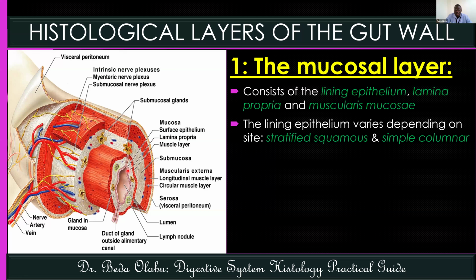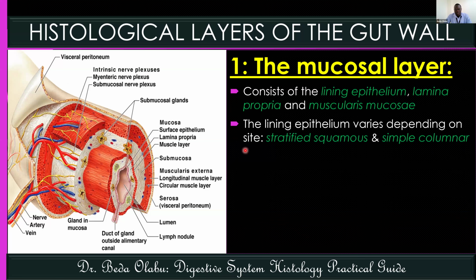At least you know it's not esophagus. At least you know that it's not the anus. So it's an important aspect, and I want you to be looking at the type of epithelium that is lining the gut wall as an important parameter in distinguishing histologically the parts of the gut.